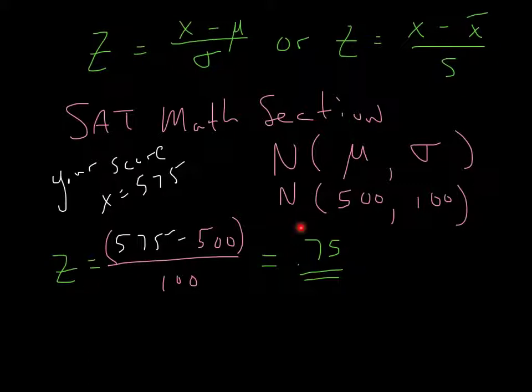When we talk in terms of standard deviation, now we can apply a universal set of percentages and talk about what percentage of kids score above or below that 575.